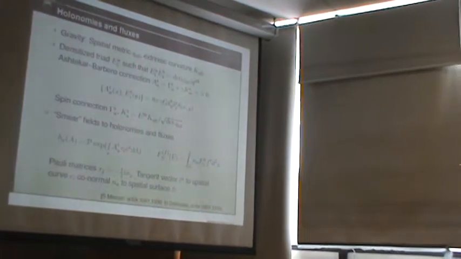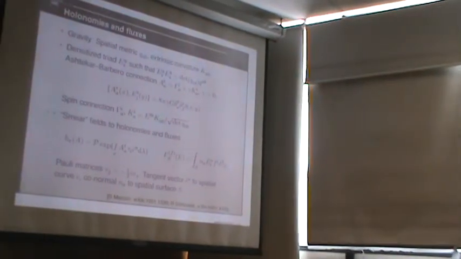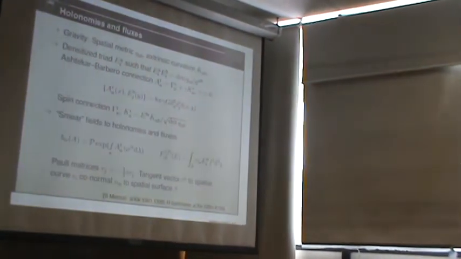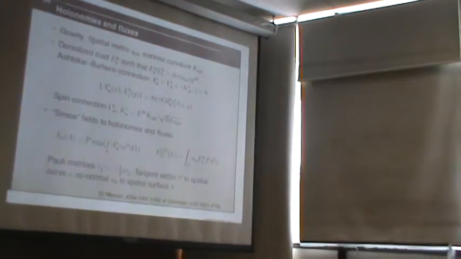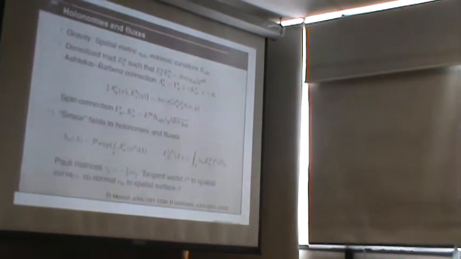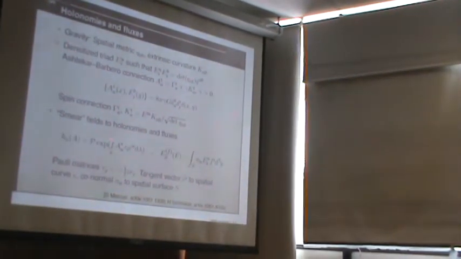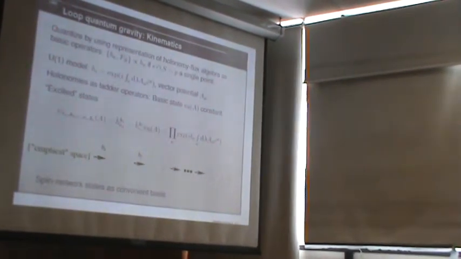But with a triad, if you have this triple of vectors, you can just rotate it. So there's an extra symmetry which corresponds to SO(3) classically, or maybe SU(2) if it's quantized, and that's where the Pauli matrices come in. So on top of the diffeomorphism and Hamiltonian constraint, there's an extra rotational symmetry, which also implies a constraint, but it's very simple. It's like a Gauss constraint in electrodynamics, just an SU(2) version. So that can usually be solved very easily.